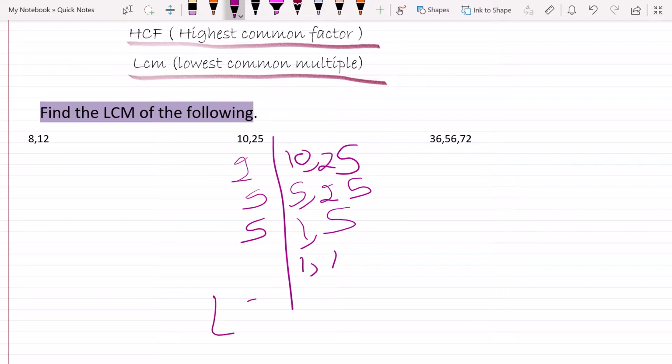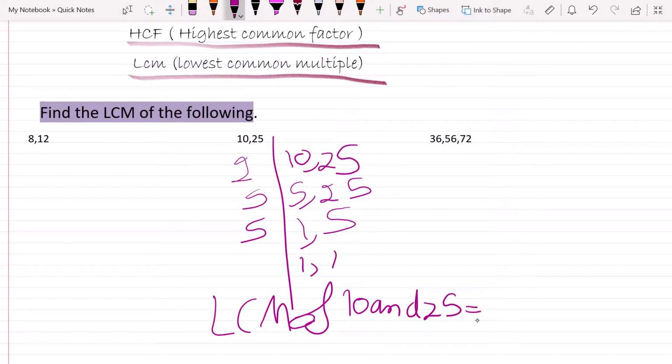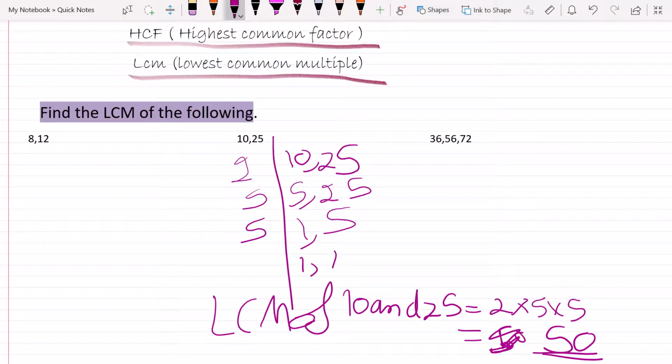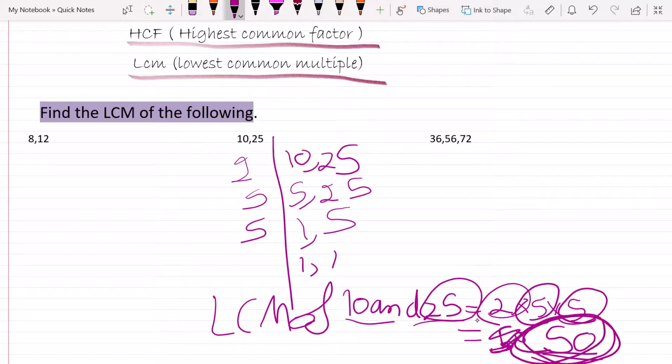So the LCM of 10 and 25 is 2 multiplied by 5 multiplied by 5, which is 50. How did we get this? Because we multiplied all numbers together.